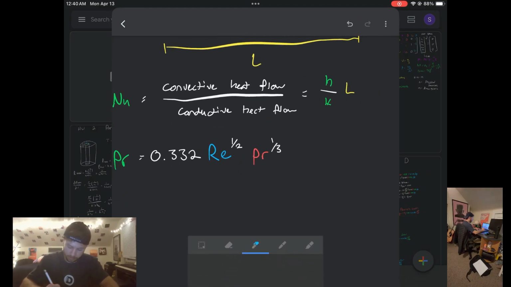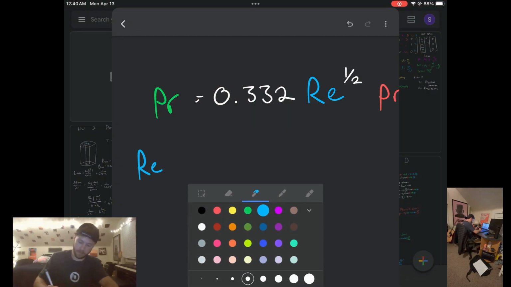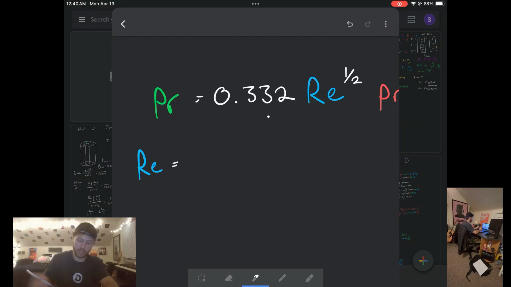The Reynolds number tells us the ratio between internal forces of a fluid and viscous forces.